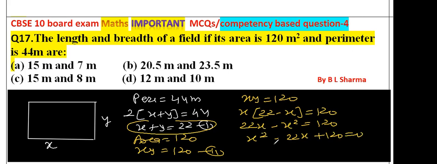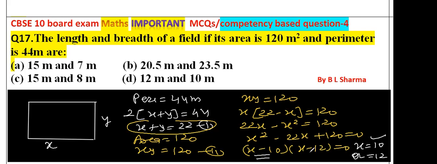This is a quadratic equation we have. Factorizing by splitting the middle term, it is (x minus 10)(x minus 12) is equal to 0. Therefore, putting each factor equal to 0, the value of x will be 10 or 12. Put x minus 10 equal to 0, x will be 10. Put x minus 12 equal to 0, x will be 12.